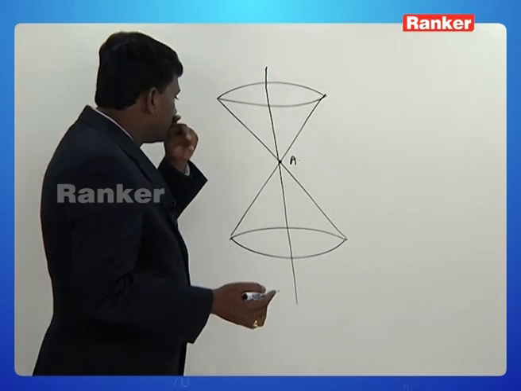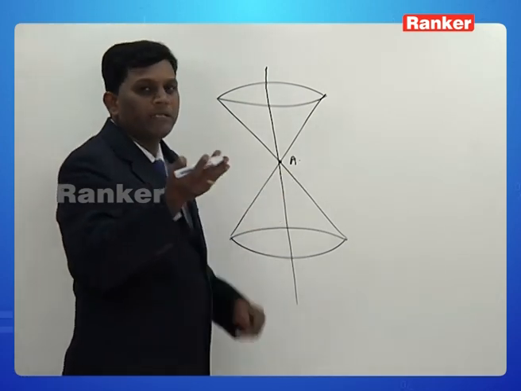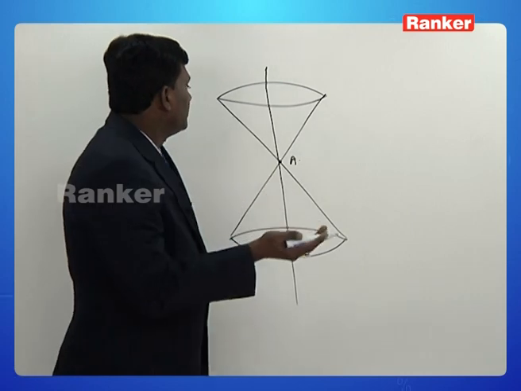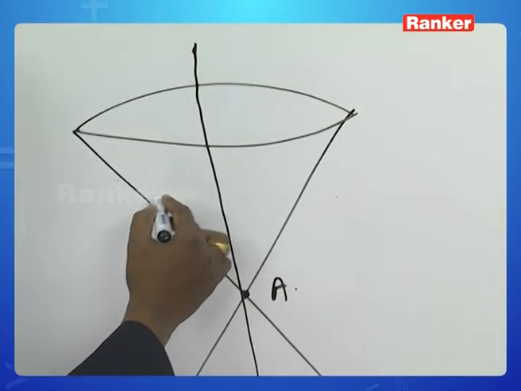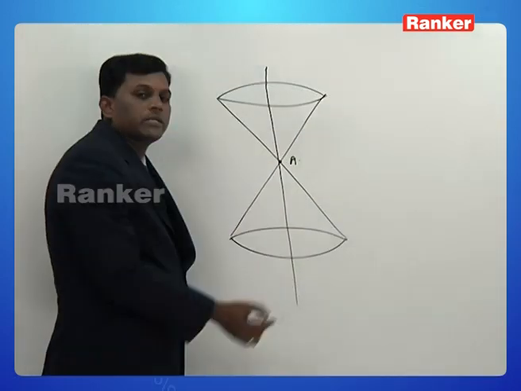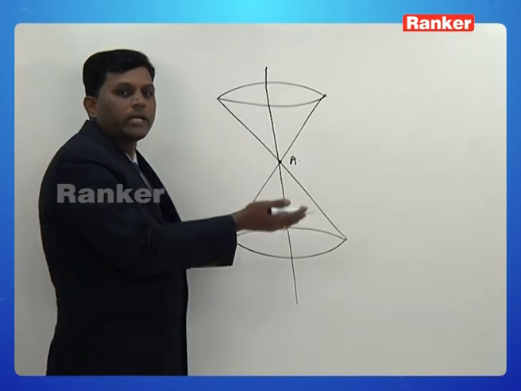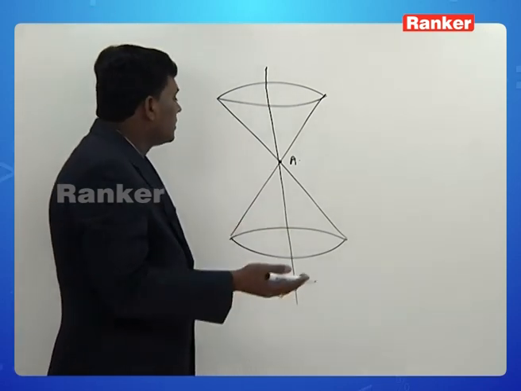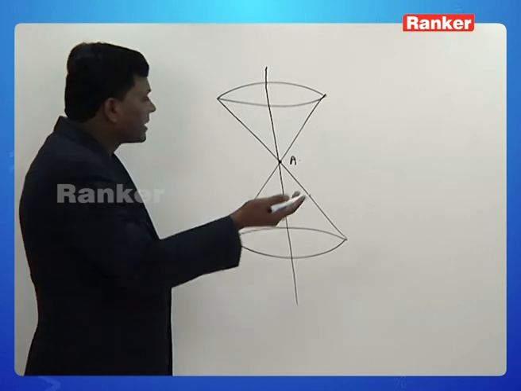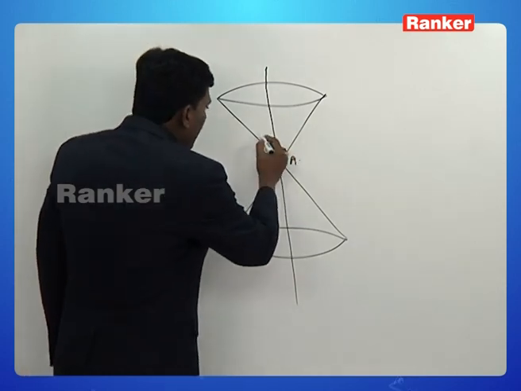Here, with the help of a plain sheet, take the various cross sections of this double right circular cone taken in different angles. For example, take a plain cutter and cut it perpendicular to the axis.